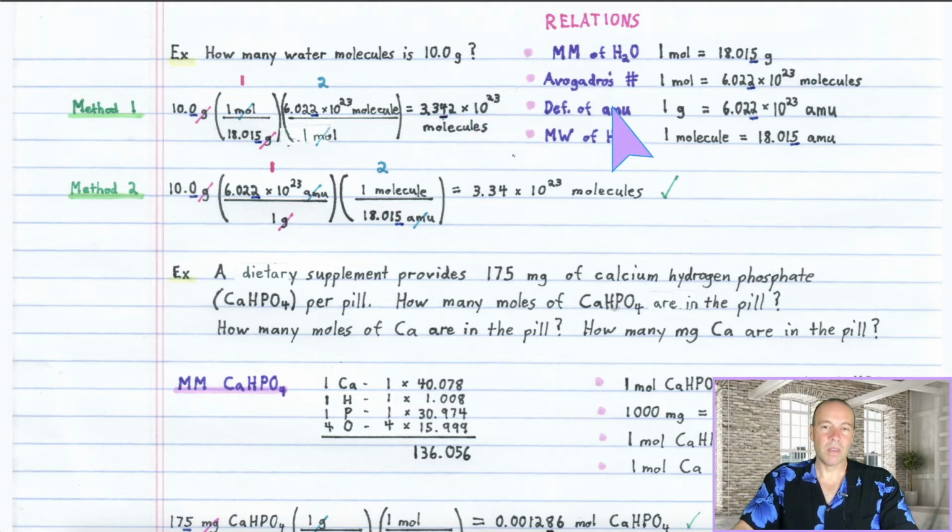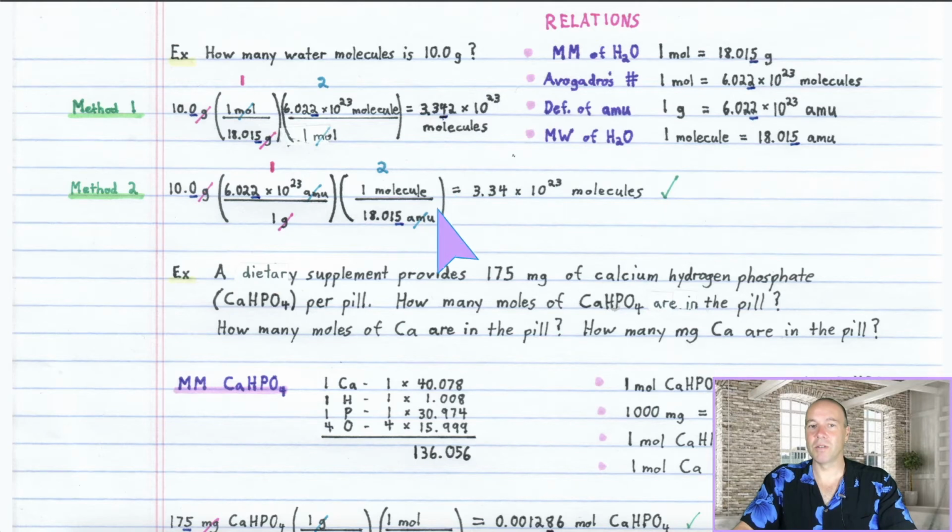Now, using the third and the fourth relations should get us the same answer, because we're being asked the same question again. So starting with our 10 grams of water, the third relation will convert from grams to atomic mass units. So we're just getting to a different unit of mass here. The gram units cancel. And then the fourth relation for the molecular weight gets us from atomic mass units to molecules.